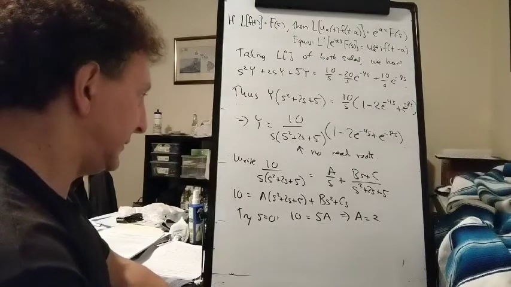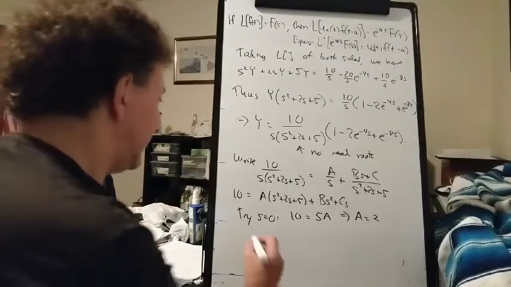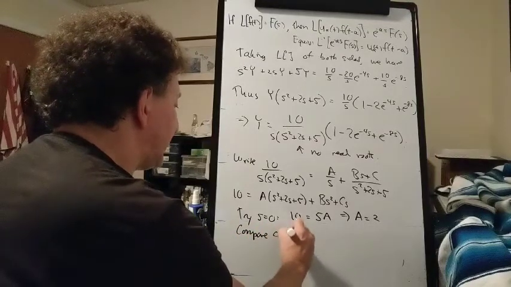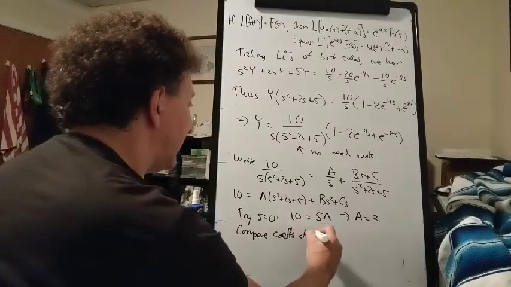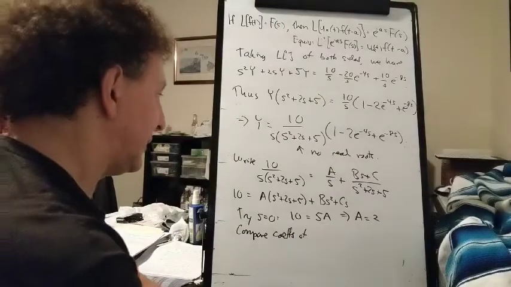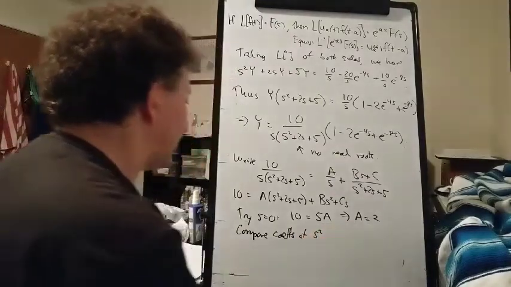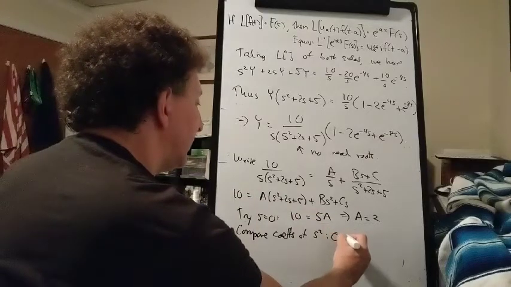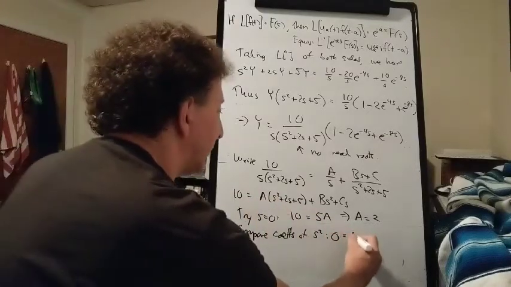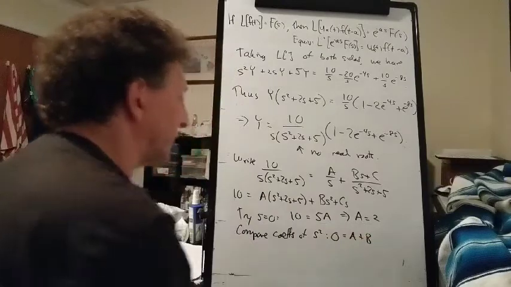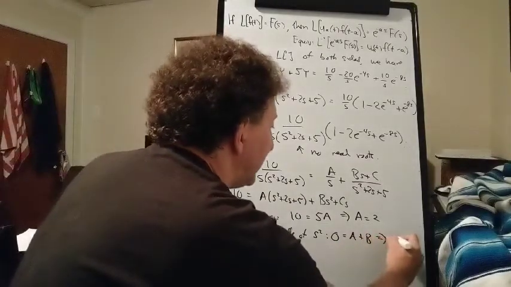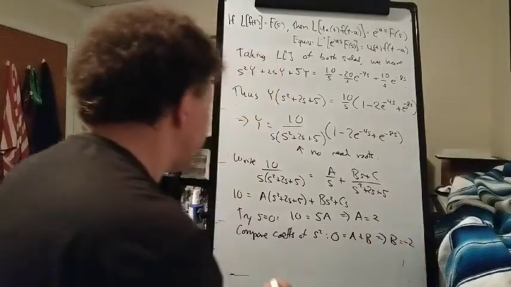Then if we compare coefficients of s squared on both sides, we have 0 on the left equals a times s squared plus b times s squared. So I guess b has to be the opposite of a. So b equals negative 2.